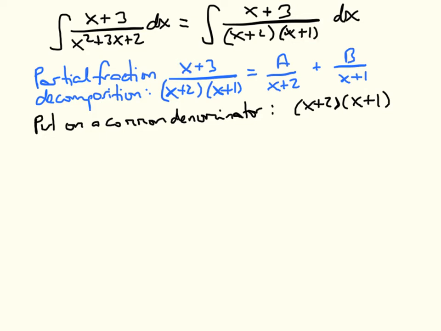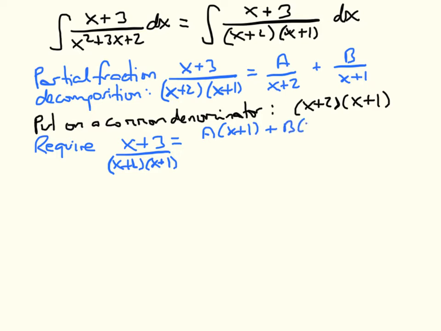So we require that x plus 3 over x plus 2, x plus 1 is going to be a times x plus 1 plus b times x plus 2 all over x plus 2 times x plus 1.